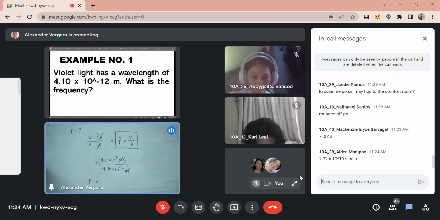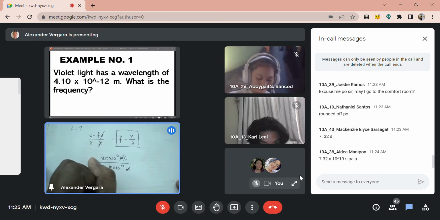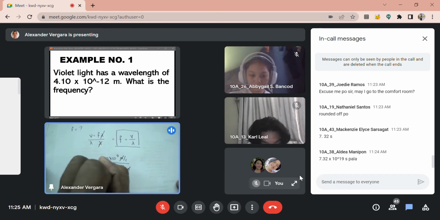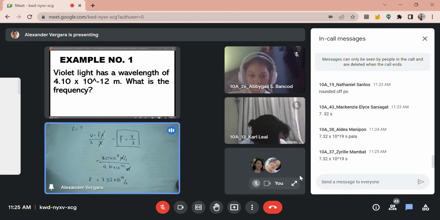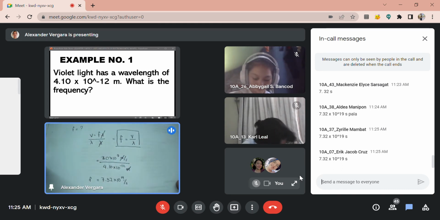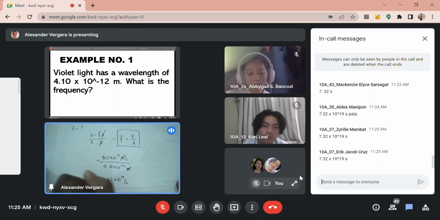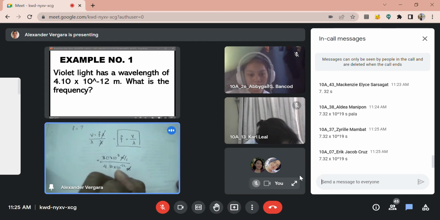Okay, so if you put this in the calculator, your answer will be 7.32 times 10 raised to 19 per second, or 1 per second, which is the same as 7.32 times 10 raised to 19 hertz.